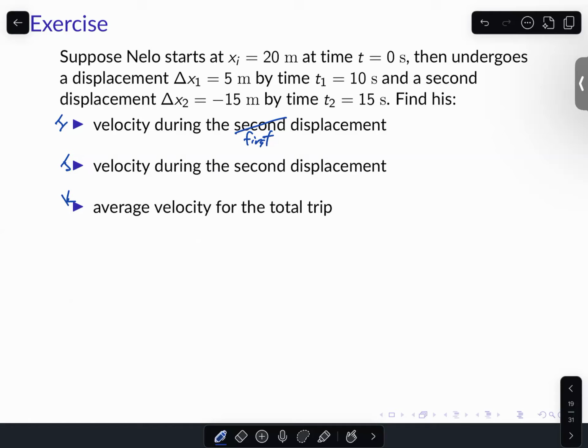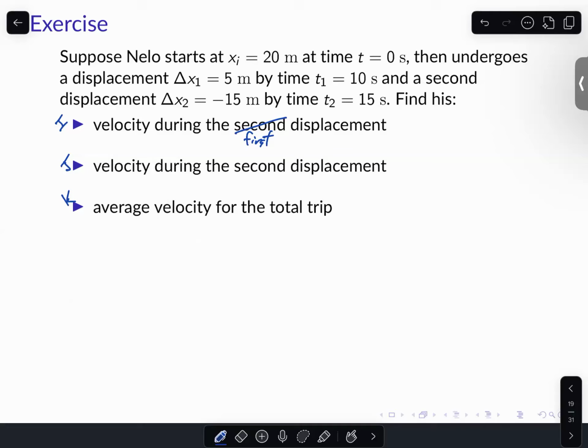Check yourselves, check each other. Okay, I've got twice as many wrong answers as right answers for part J. Read carefully.